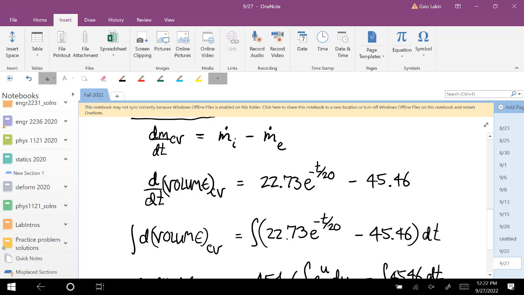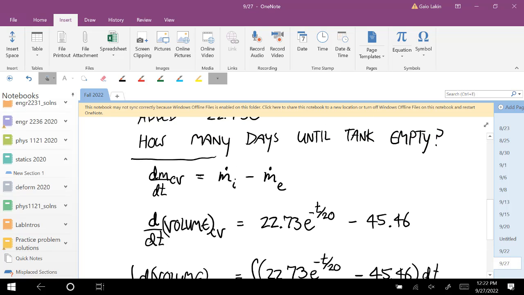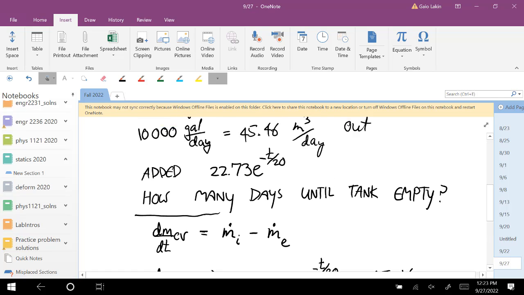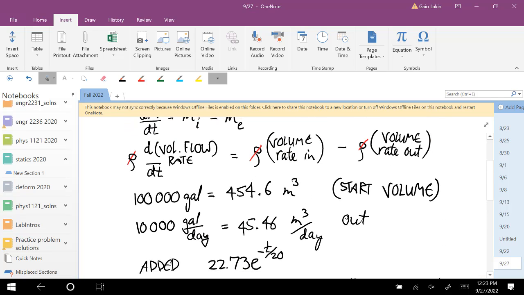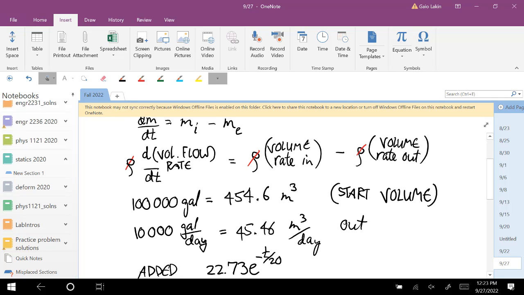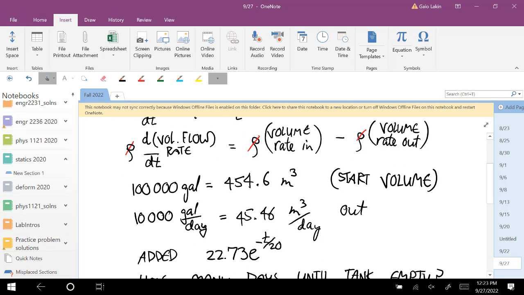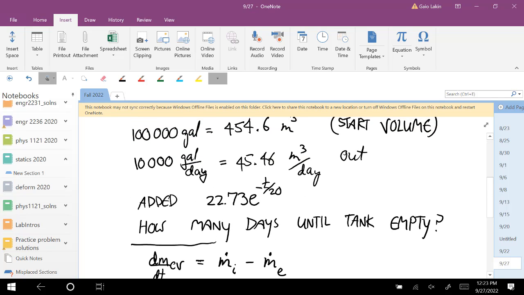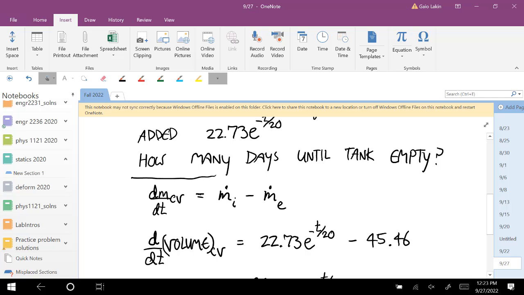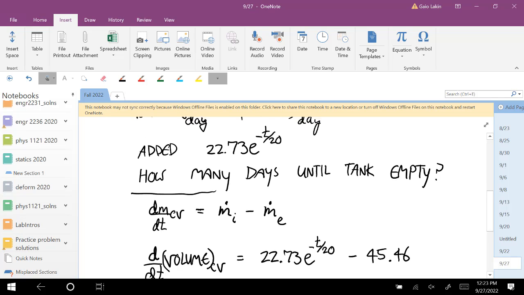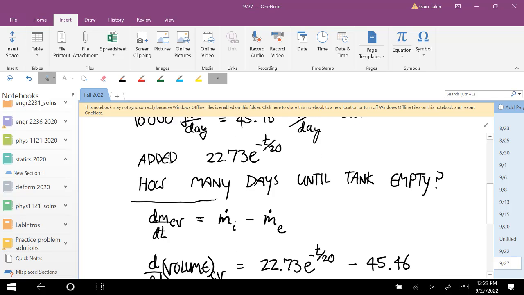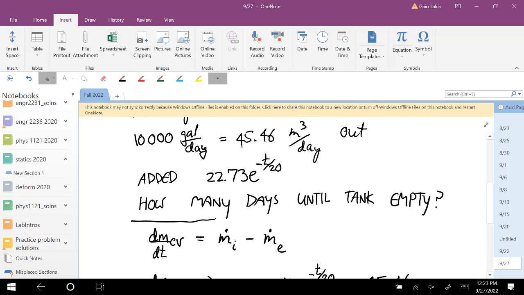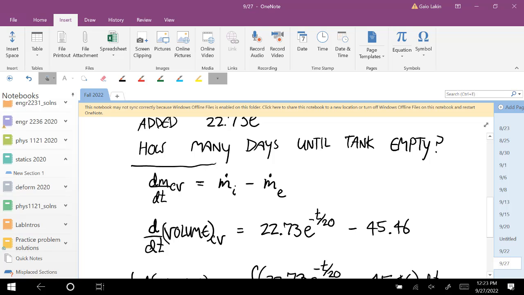So d/dt of the volume is equal to the mass coming out is 10,000 gallons a day. That's that. Added is this.